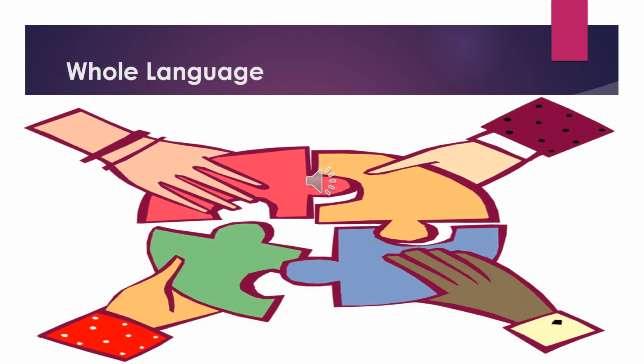Number 5, whole language. Whole language is everything that the students learn and also the teacher. This is really important because when we know the whole language, it's because we already know how to pronounce, how to speak, how to use the correct letters, the correct pronunciation.